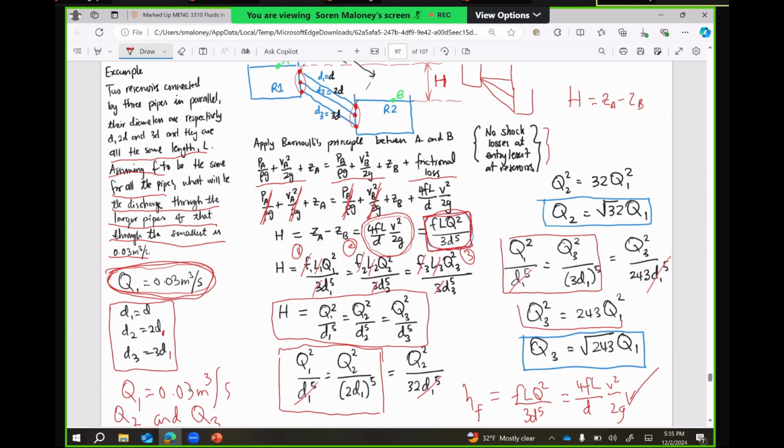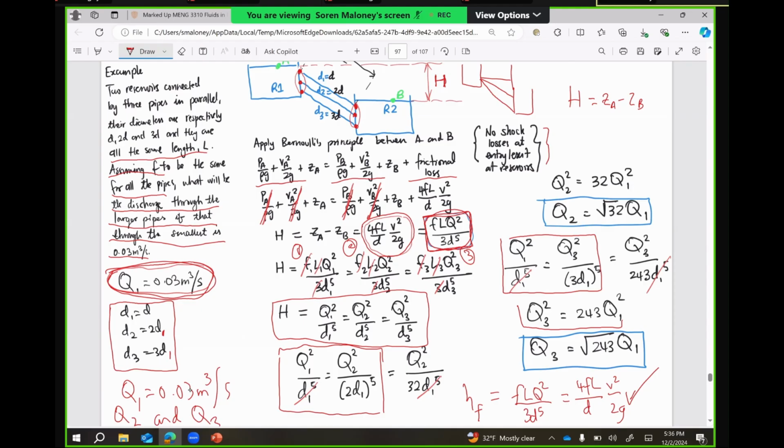So basically, we are saying that my change in energy between my two reservoirs is going to be the same for each of these pipes. That's what we're saying. If you want, you can go back and look at how we developed this equation from the beginning.